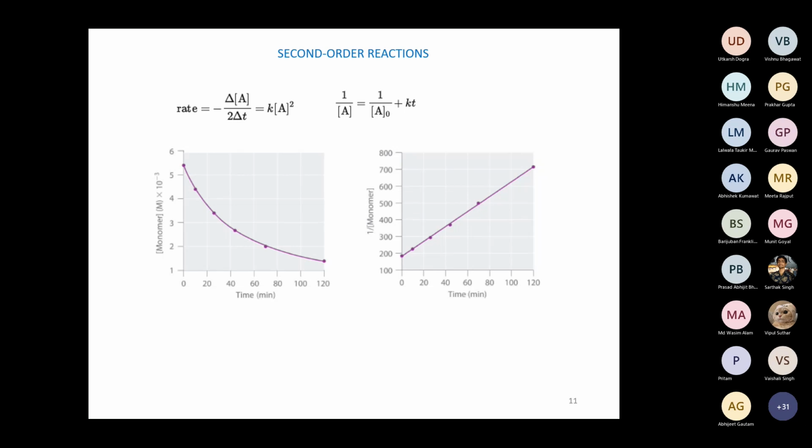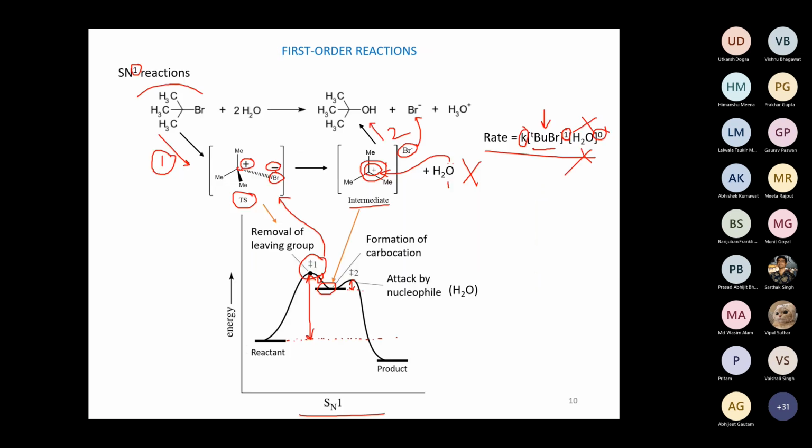I think second order is next. So I hope it is very helpful that, at least from the rate law, this is the first experiment you need to do always. What is the rate law? You can get an idea of which step is the rate limiting step, meaning which step is associated with the highest barrier among the other steps in a multi-step reaction.